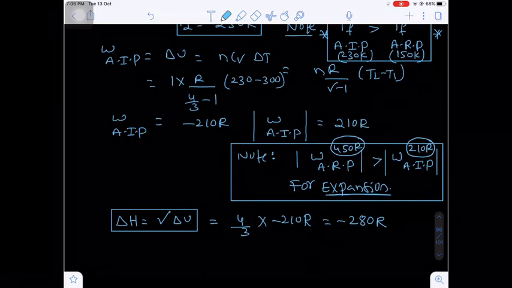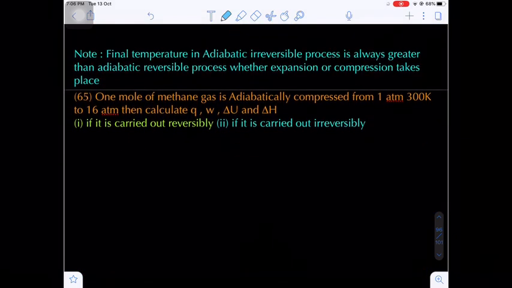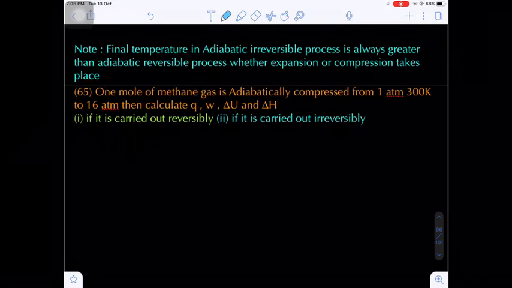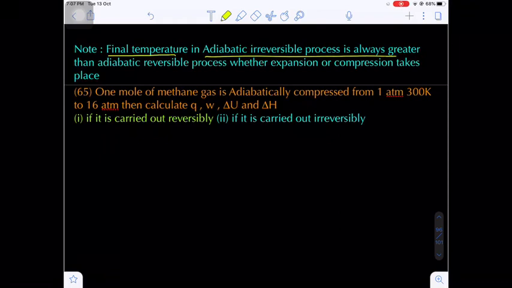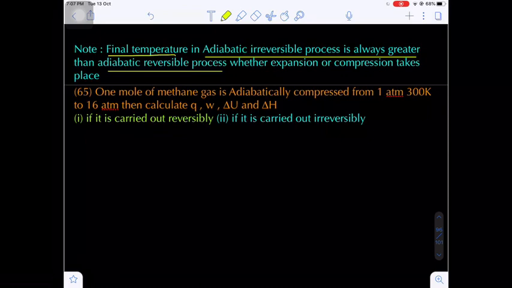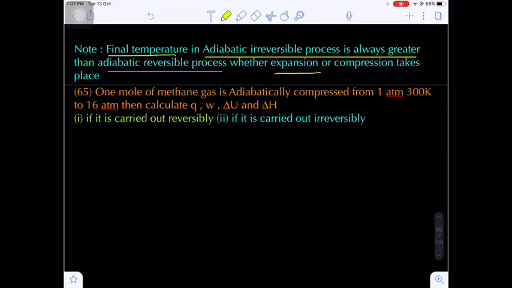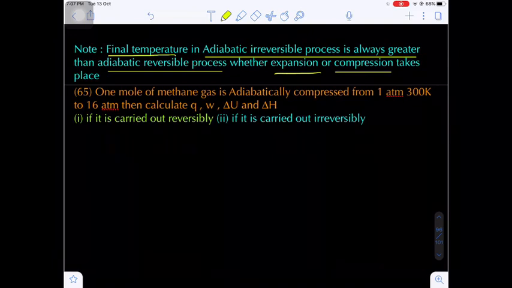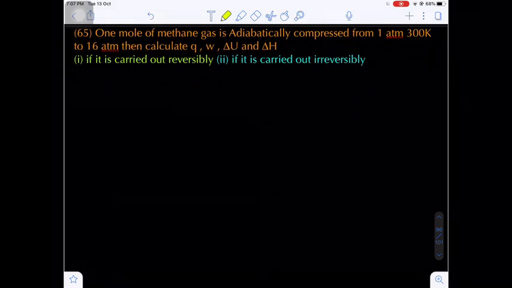Don't consider the sign. The important note is that the final temperature in the adiabatic irreversible process is always greater than in the adiabatic reversible process, whether the process is adiabatic expansion or adiabatic compression. Are you getting my point?